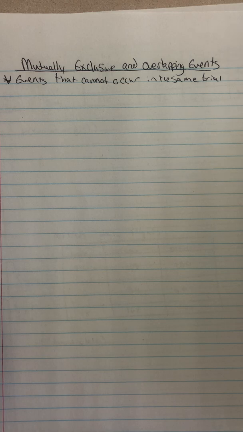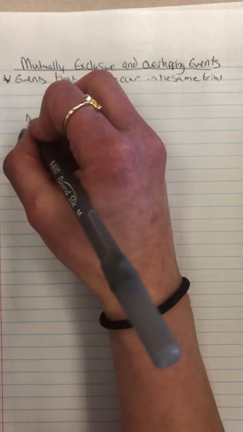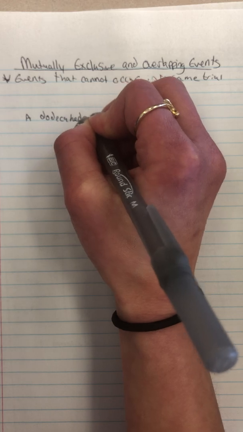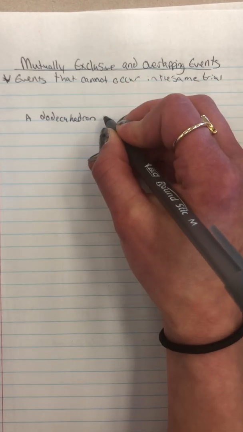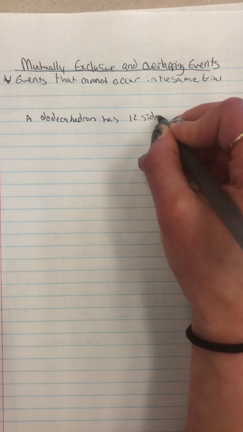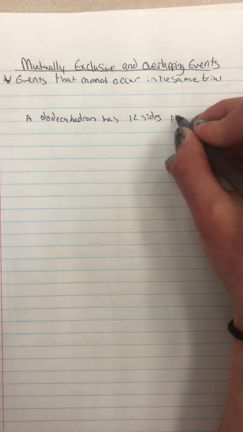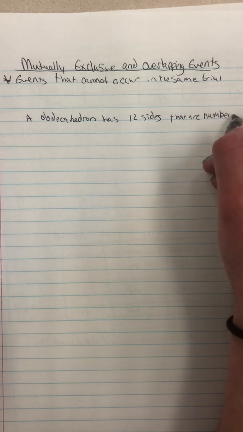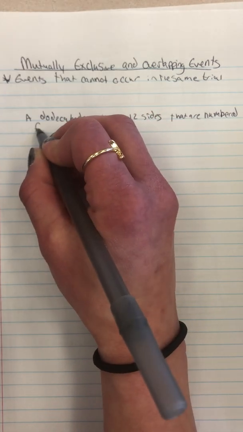So let's start by going over finding the probability of mutually exclusive events. Let's go over an example. So we have a dodecahedron that has 12 sides that are numbered from 1 to 12.